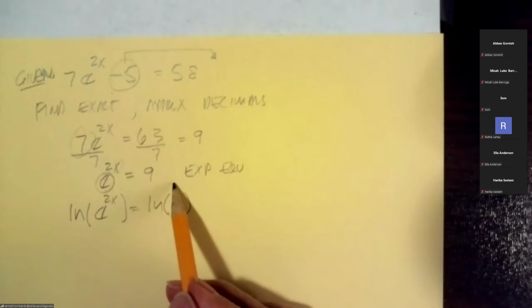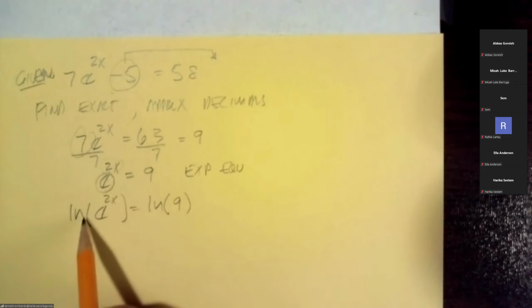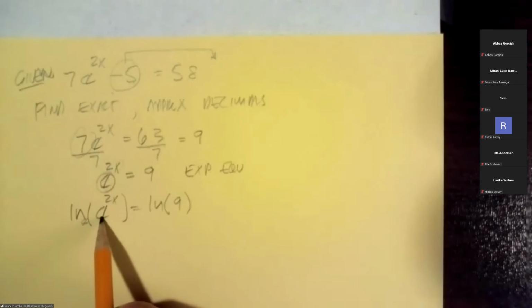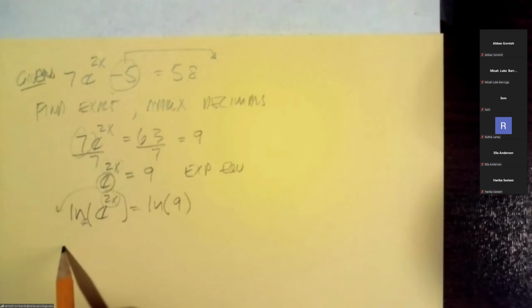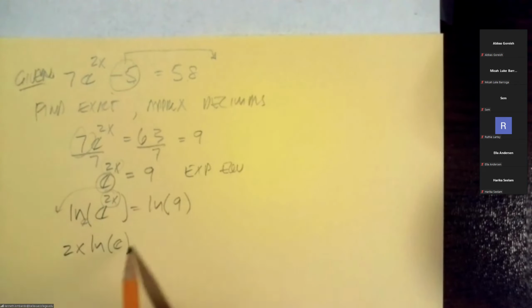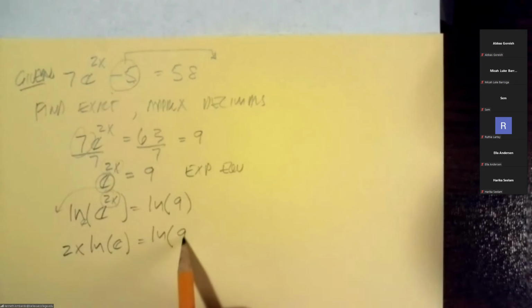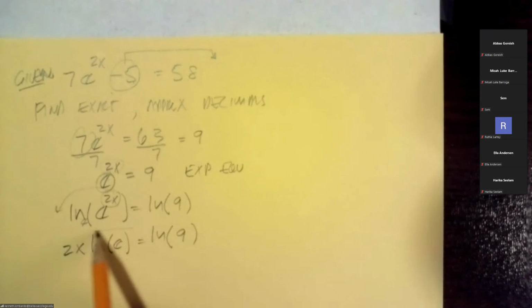Whatever we do to the left side, we do to the right side. And this is log base e of e to the 2x. So this becomes a multiplier, 2x ln e equals ln 9. And then we take a look at this.